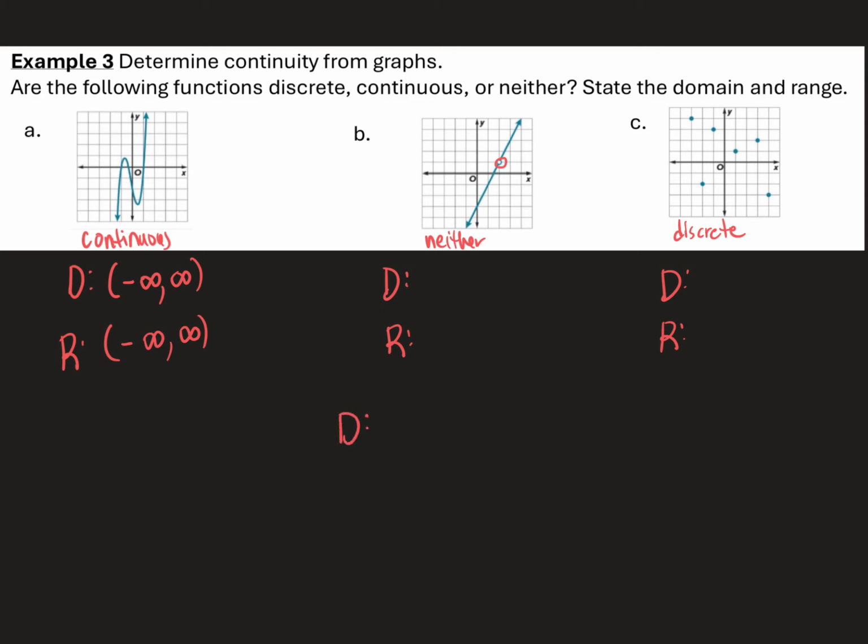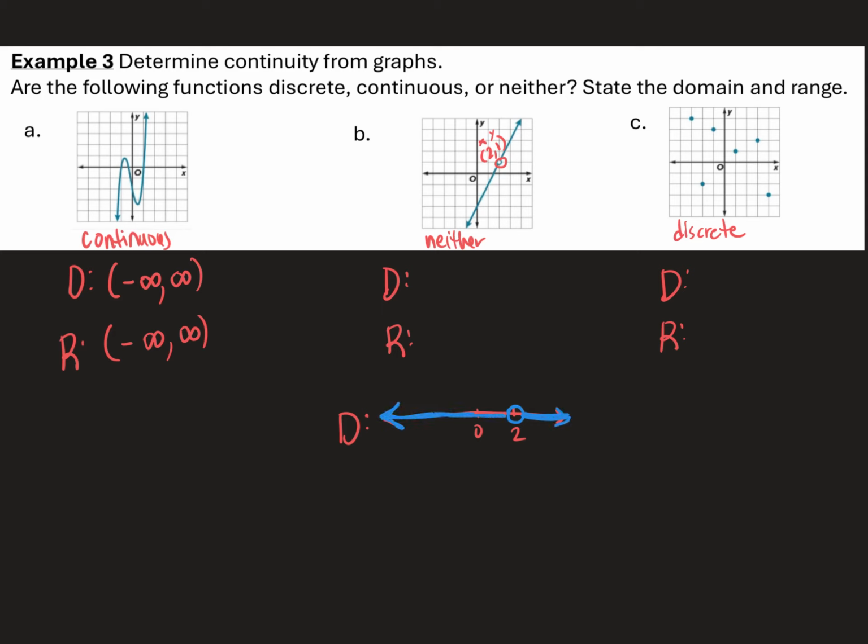What is that ordered pair? (2, 1). So X, Y. On a number line, my x value is 2. Here's 0. Here's 2. The 2 is open, and it goes forever to the right and to the left.